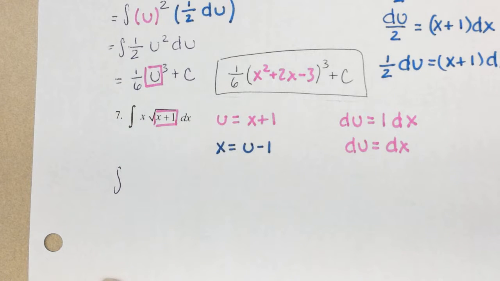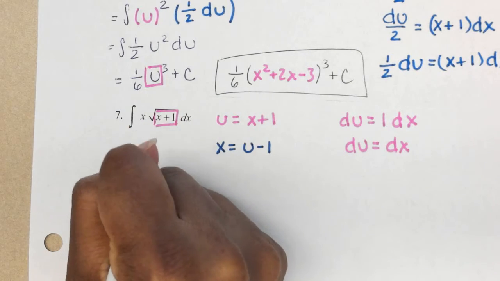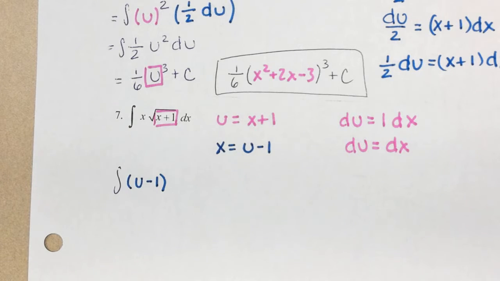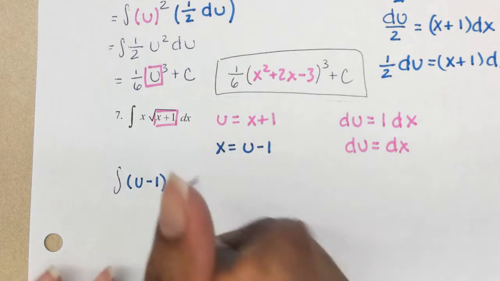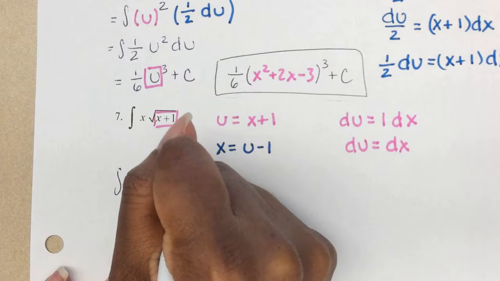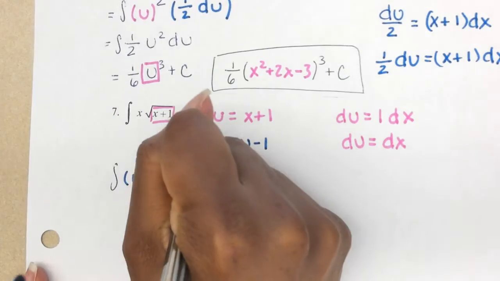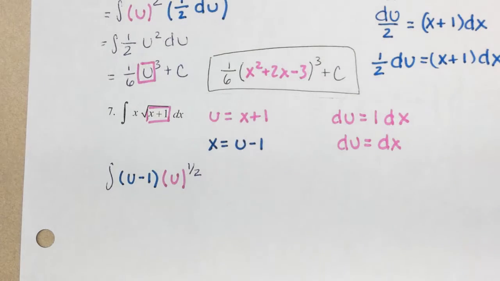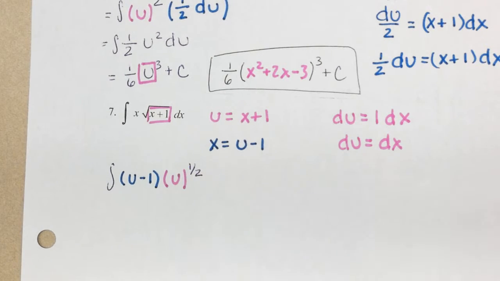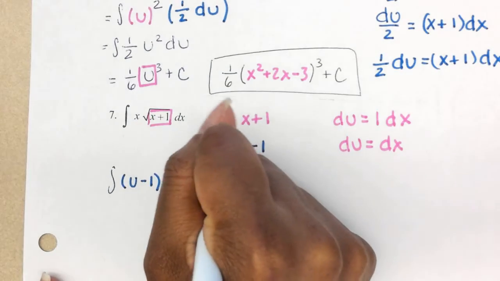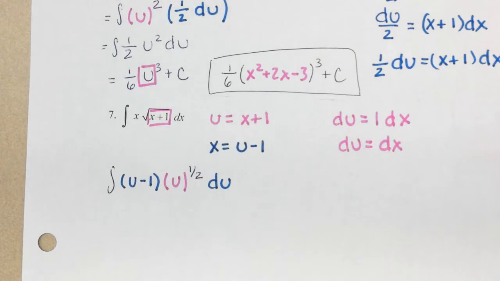So I have u minus 1, and then I have u to the 1/2. And then dx is the same as du, so I'll rewrite that as just du.